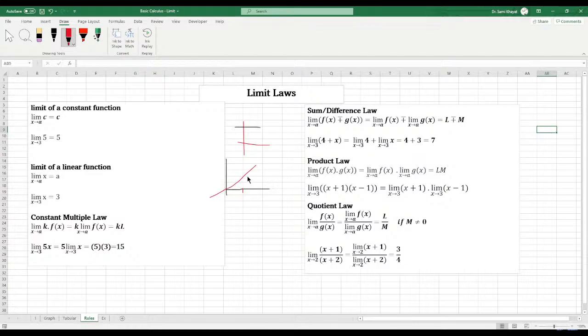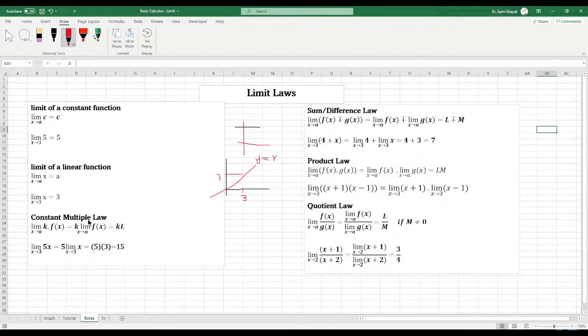If this one is 3, this one will be 3 also. This is the second law. Law number 3.